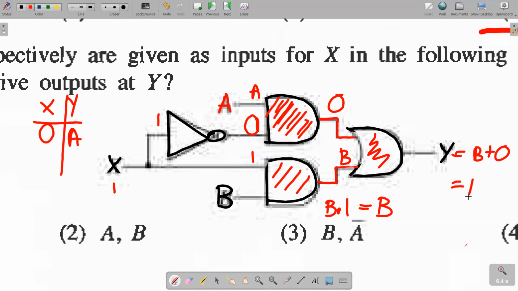That means Y is going to become B. Earlier we talked about how A plus 0 is going to become A. The same way, B plus 0 is going to become B. So that means when X is 1, Y is B. So the second one is going to be the answer.